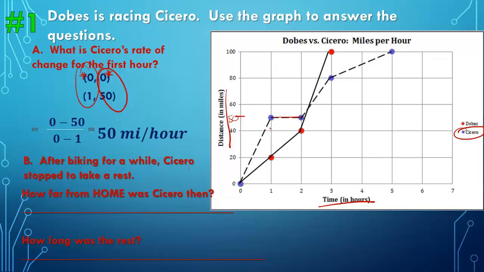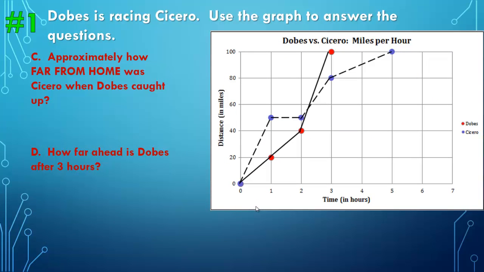So that would be him stopped and taking a rest. So how far from home was he? Well, if this is 50 and he's leaving from home, he would be 50 miles from home. And how long was the rest? We determined that it didn't move for the course of 1 hour, because from here, 1 to 2 is 1 hour. So 1 hour or 60 minutes, whichever you want to write down.